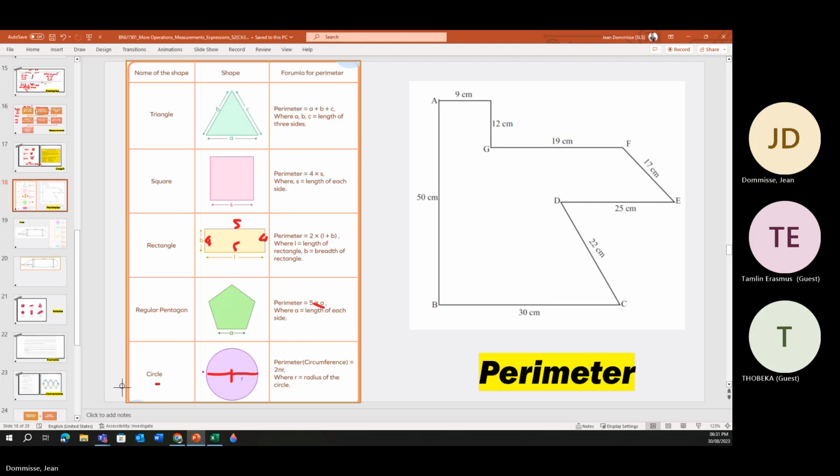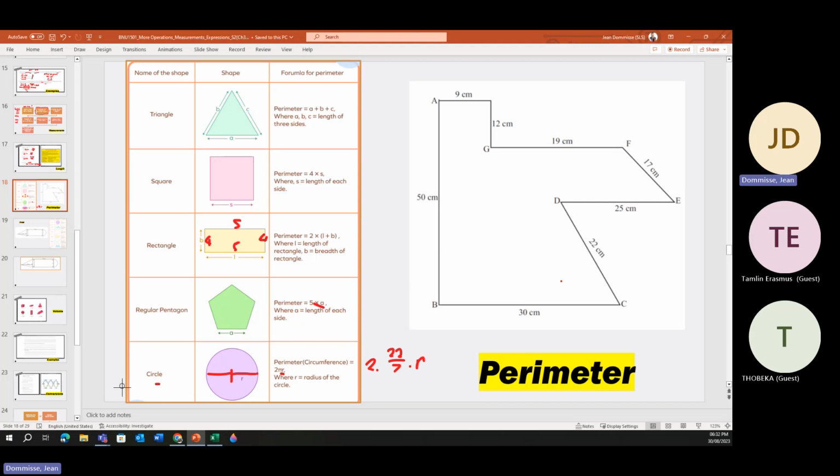To work out the perimeter of a circle, it's 2 pi times the radius. Pi is 22 over 7, I think, so if pi is not on your calculator, just remember it is 22 divided by 7. Okay, so that is just looking at the formulas.